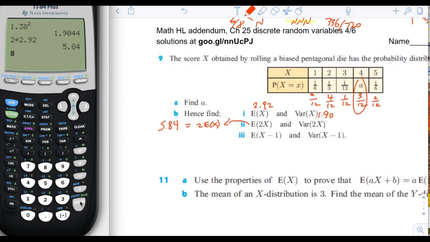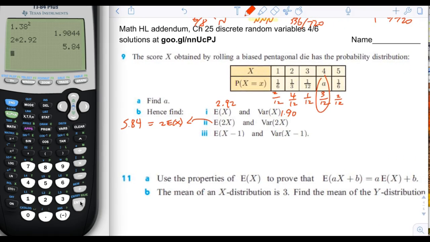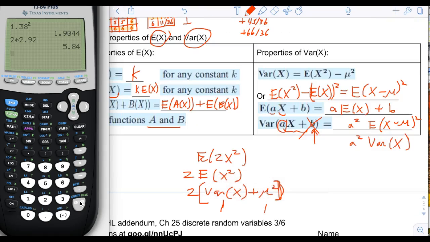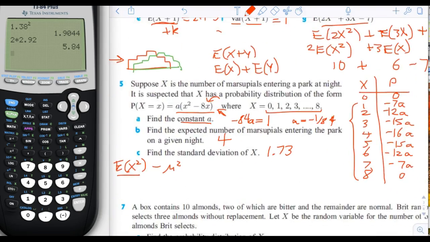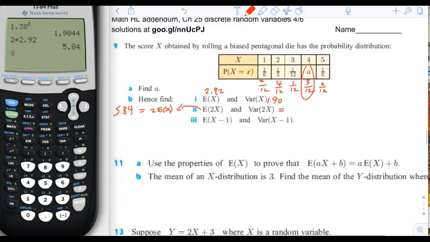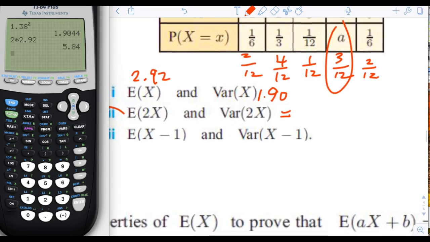Okay. And the variance of 2x, you remember our rule, if we have the variance of ax plus b, we ignore the b, and it's equal to a squared times the variance of x. So basically, we're going to take the coefficient out and square it, and multiply that times the variance of x. So the variance of 2x is equal to 2 squared times the variance of x.